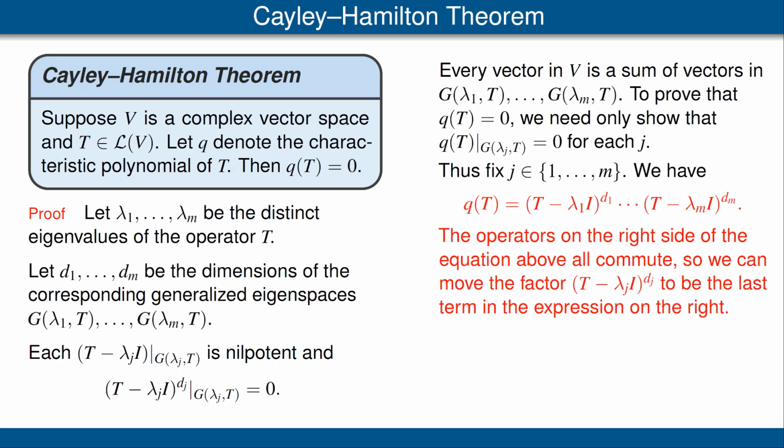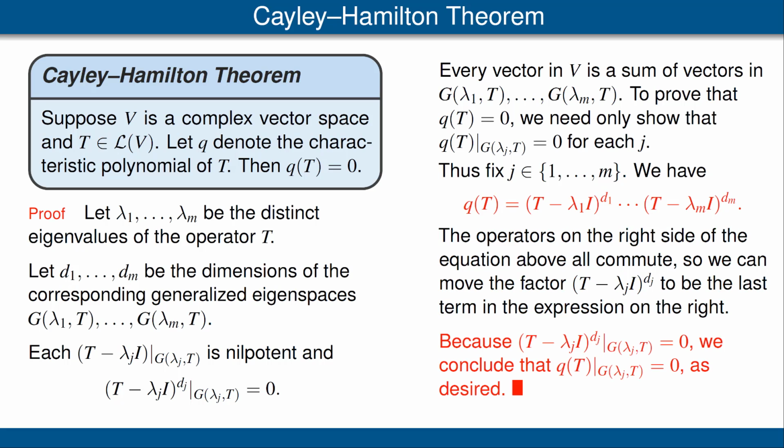The operators on the right side of the equation above all commute with each other. So we can move the factor T minus lambda j I to the power dj to the last term in the expression on the right. And now, when we apply it to the space of generalized eigenvectors corresponding to lambda j, we get 0. Look at the last equation in the first column.